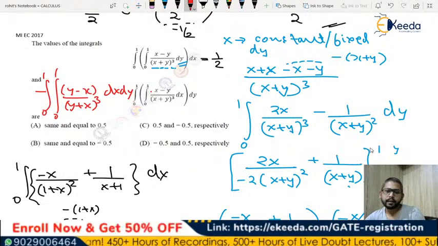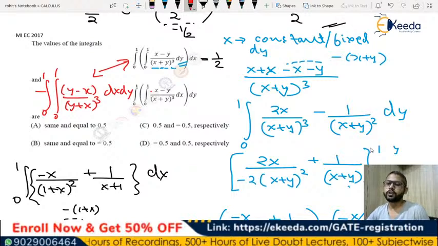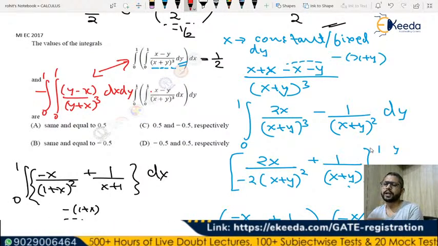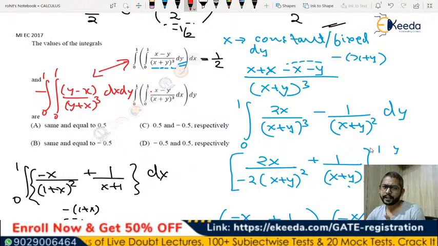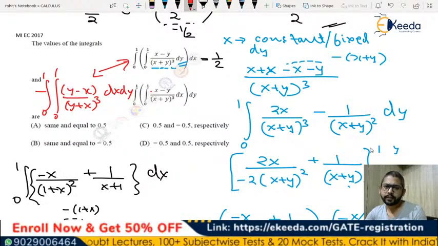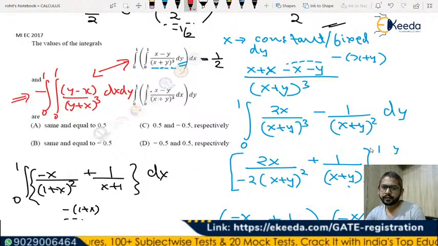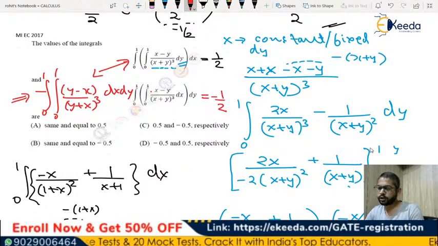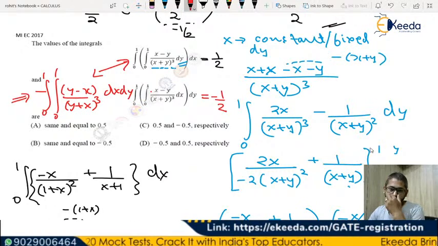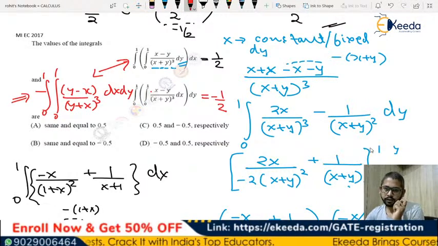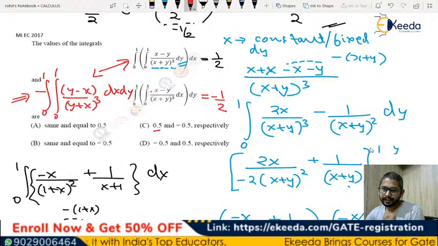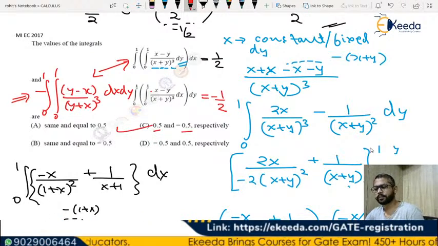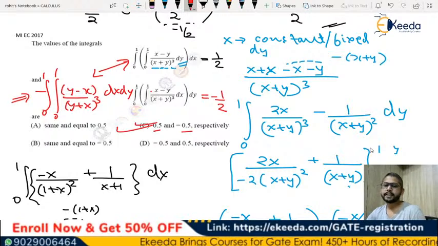Now you compare this one and this function. Do you see any difference here? Just try to replace x with y and y with x. If you see, you are getting the same expression. The only difference is this minus sign. That means this is going to be minus half. That's it. You don't have to calculate it entirely. So that makes the first expression to be 0.5 and the second expression to be minus 0.5, and the answer will be option C. C option. Right? C is the answer.